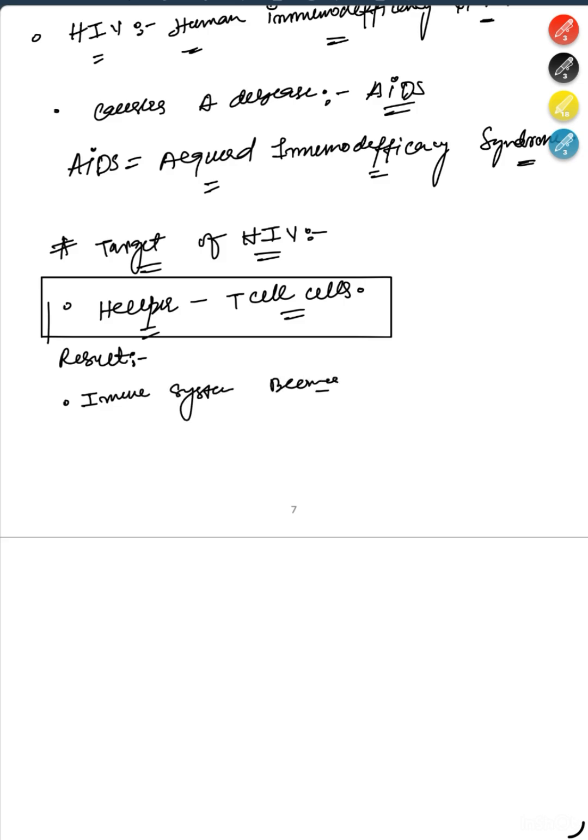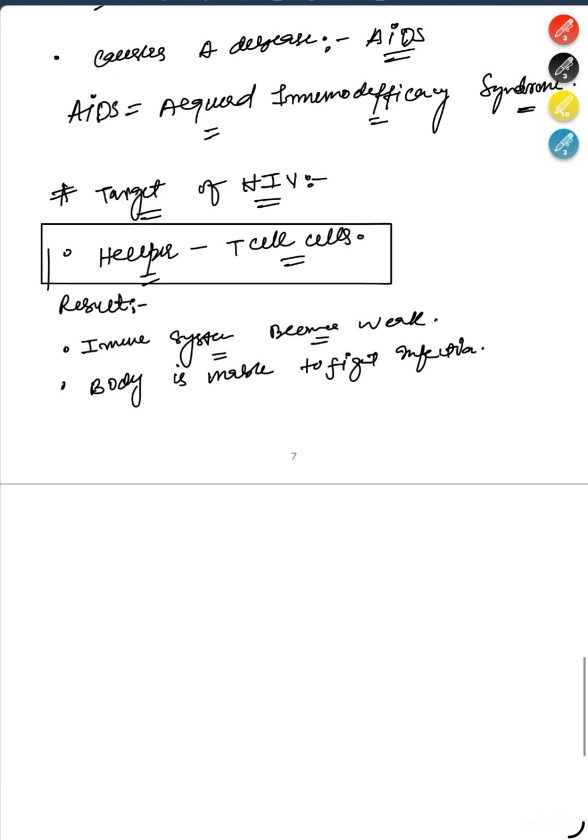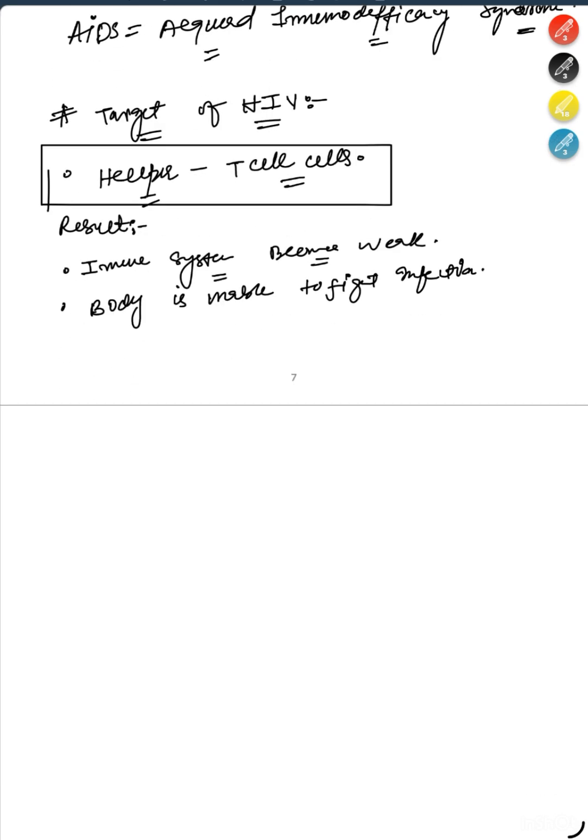As you know, your body has the immune system which protects you from the various pathogens. Fine. So this immune system becomes weak, and your body is unable to fight infections. So what happens? Multiple pathogens attack the body, and your body suffers from various microbial diseases.